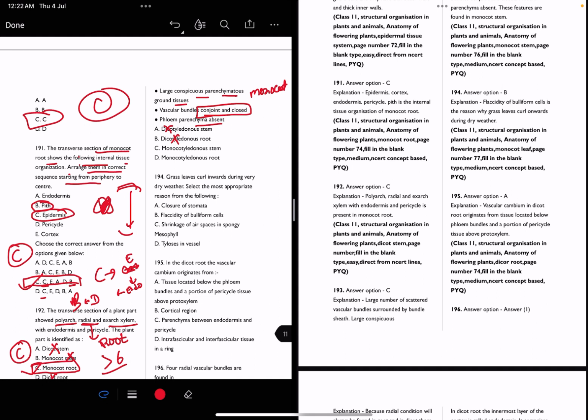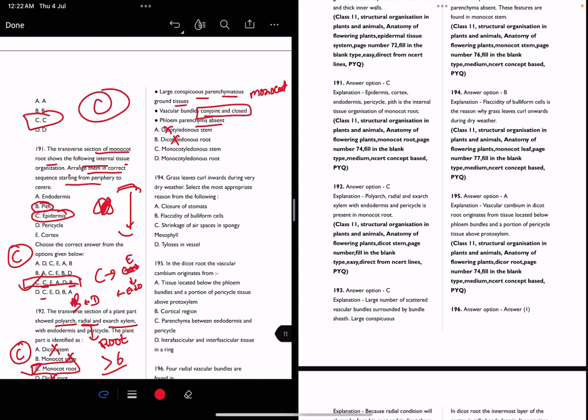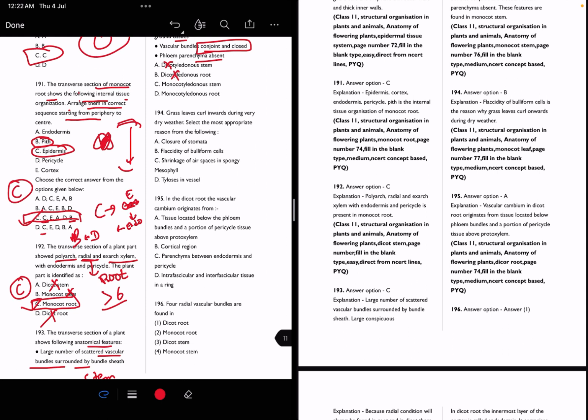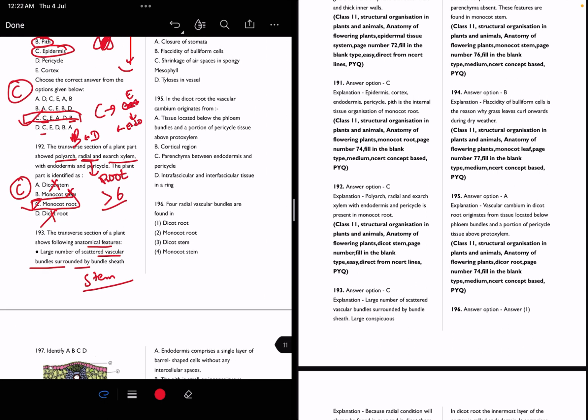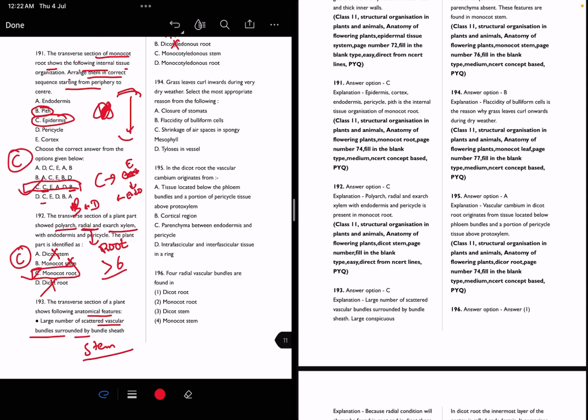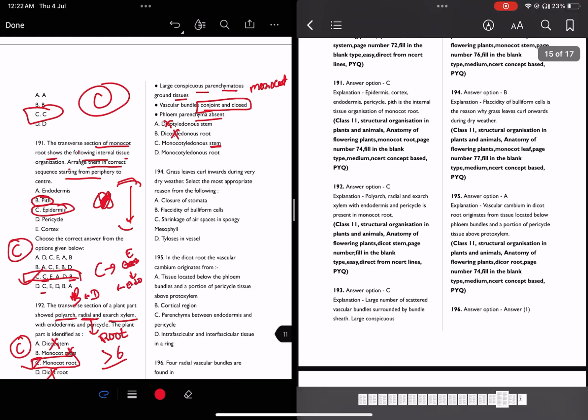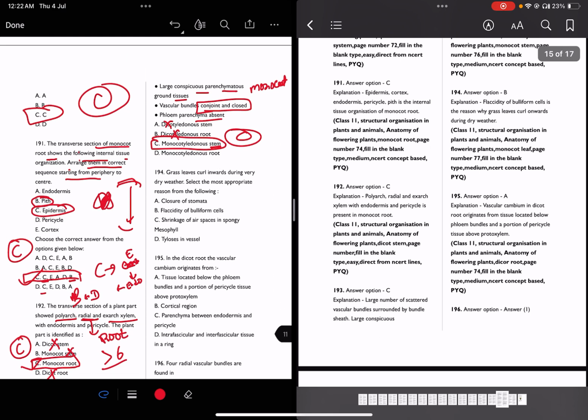Phloem parenchyma absent. Phloem parenchyma absence means we are talking about stem only. So the answer, I think, is 193, answer C. Yeah, C is the correct answer. Here it is monocot stem. C is the correct answer.